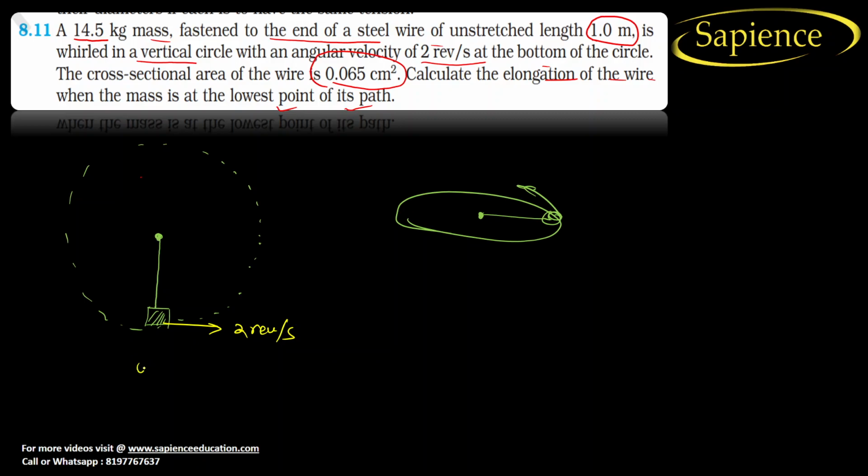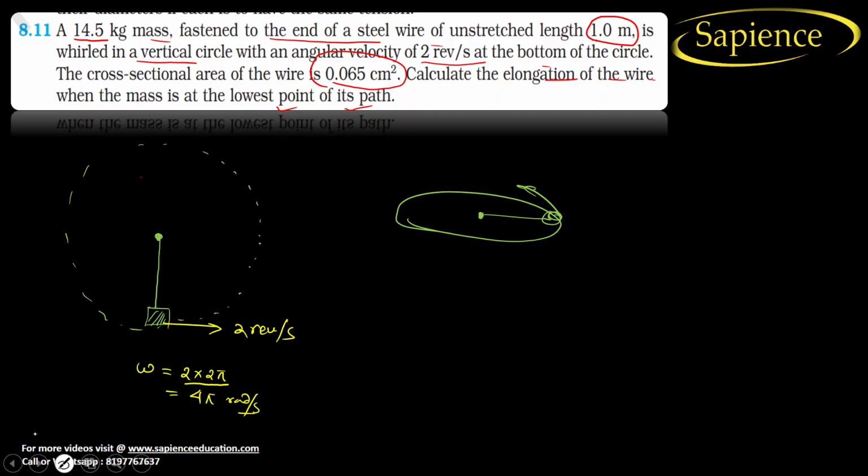It means that omega can be written as 2 into 2 pi, because if it creates 1 revolution in 1 second, we have to take 2 pi. If it is creating 2 revolutions per second, it is 4 pi radian per second. So we have got this omega.